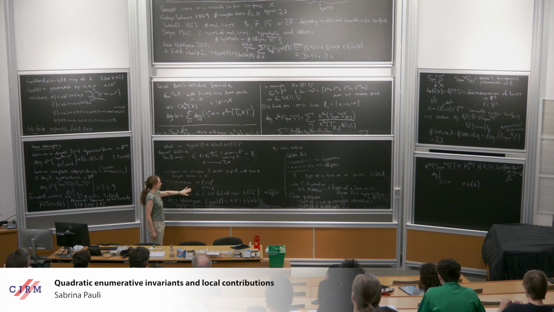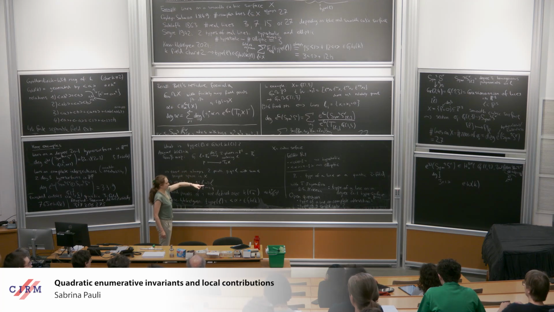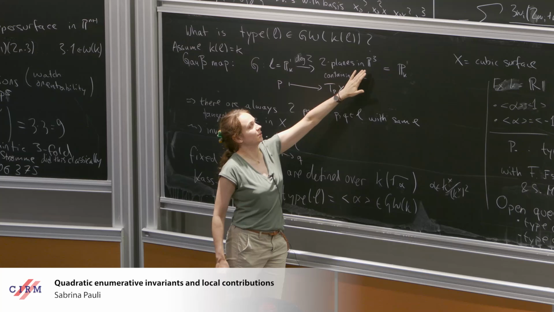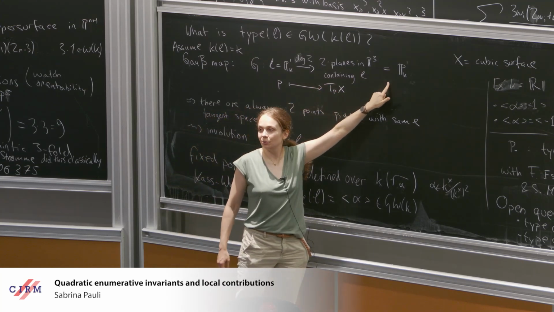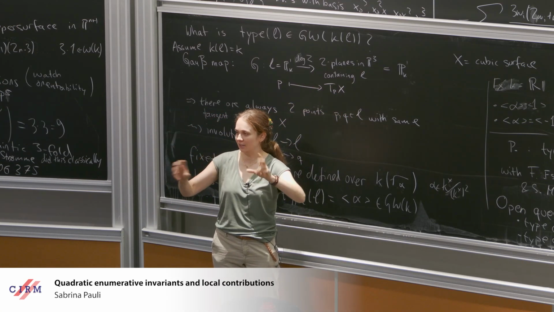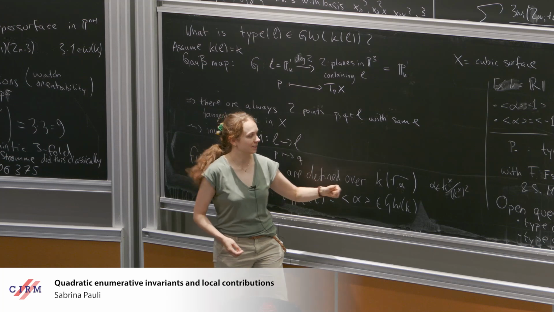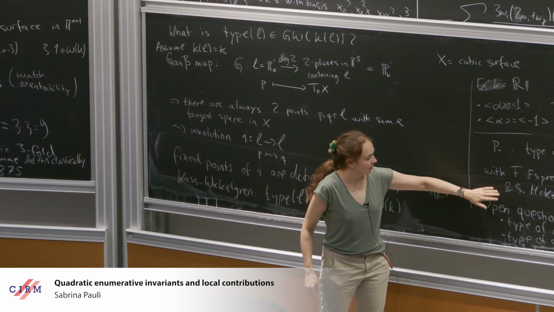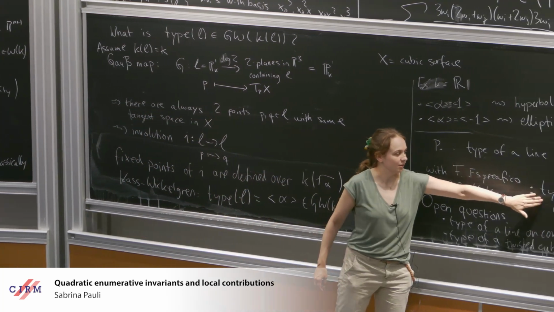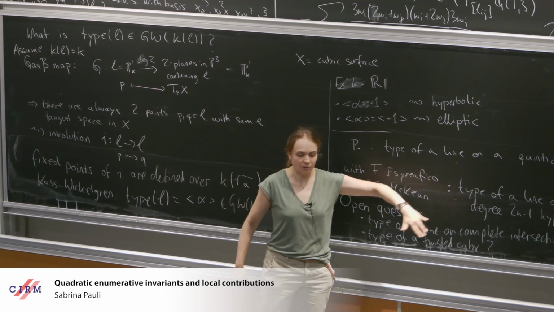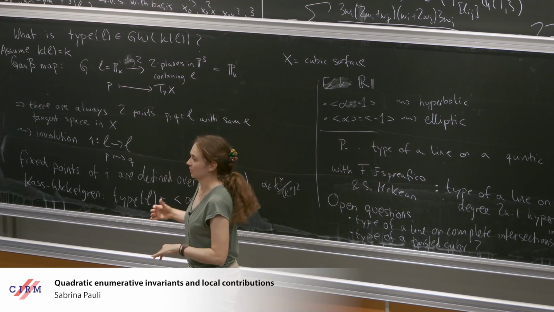and it works here. If you try to copy this for a higher degree hypersurface, in the next case, planes in P^4, you will already get a map to P^2 and you don't have an involution, but you can still extract some involutions out of this. So in this case you get involutions, and the involutions will give you the type.